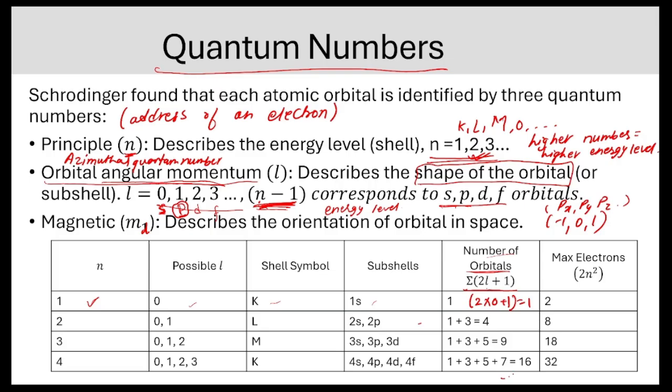We can calculate for all of these. So the number of orbitals for energy level 1 is 1, energy level 2 is 4.